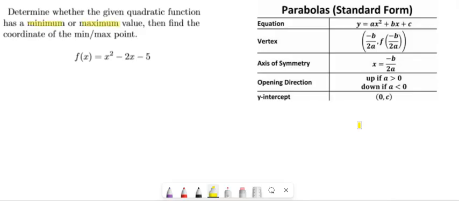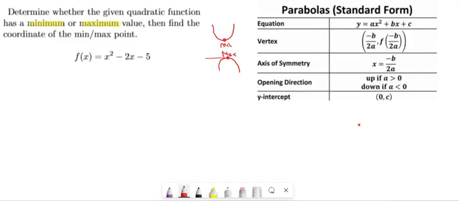It depends on whether the parabola is looking upward, therefore the vertex is a minimum, or looking downward, therefore the vertex is a maximum.